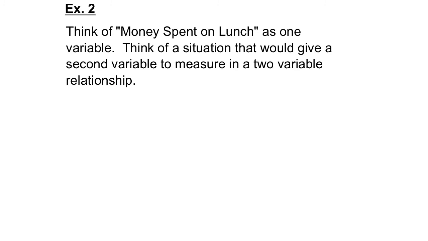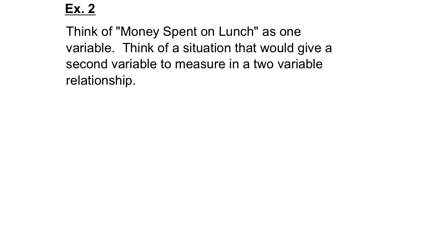So if I'm measuring how much money is spent on lunch, and I want to know how that amount of money affects something else, what is the something else that I could measure? In other words, what is a relationship that I could determine between two things? And one of the things is the amount of money spent on lunch.